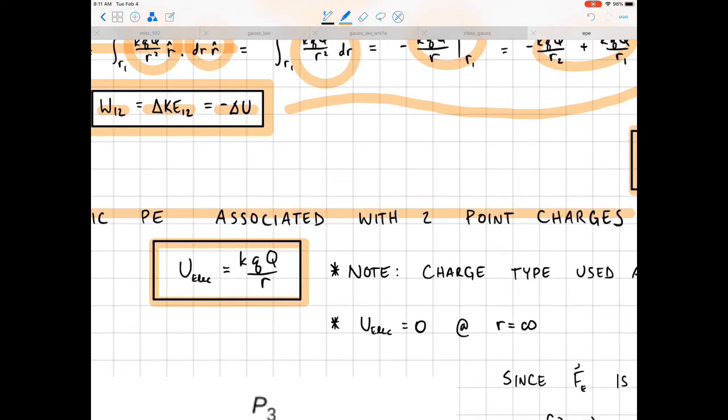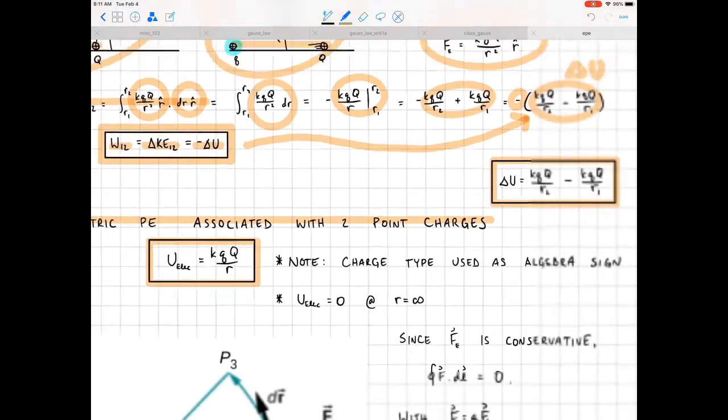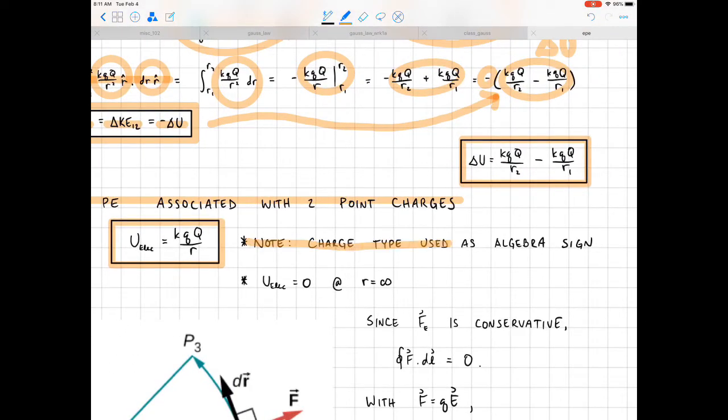So for two point charges separated at a distance r, the potential energy is given by this. Note that the charge type is used as an algebraic sign in this expression. Two positive charges or two negative charges, the potential energy between those two charges will be positive. And a positive and a negative charge, the potential energy will be negative.